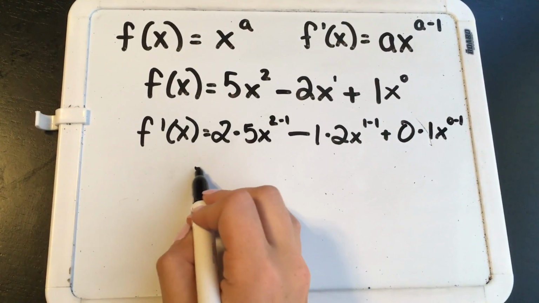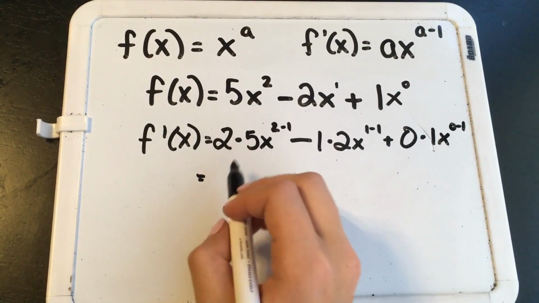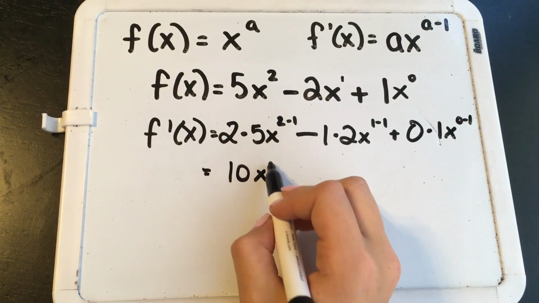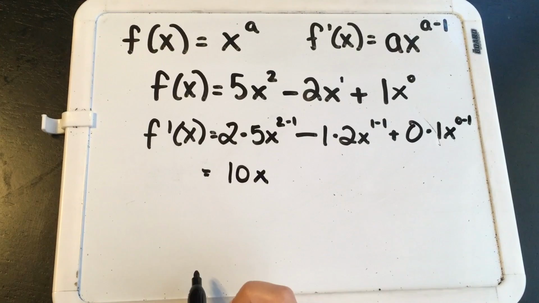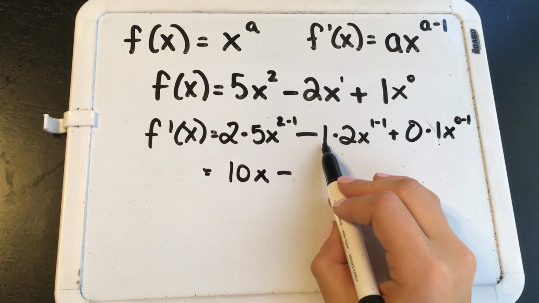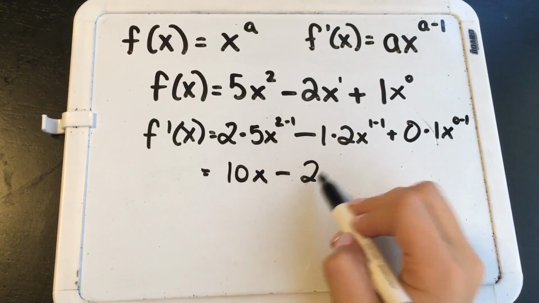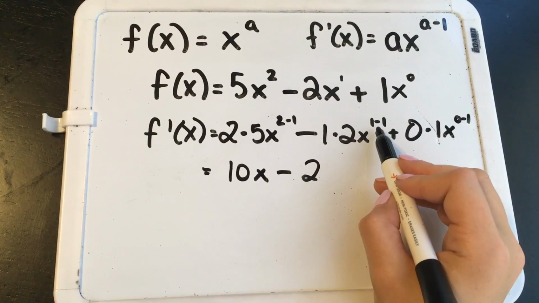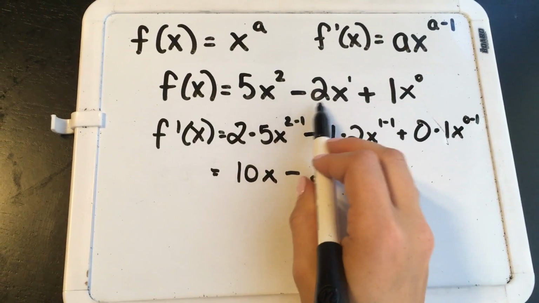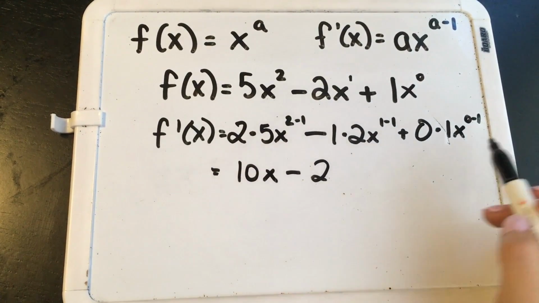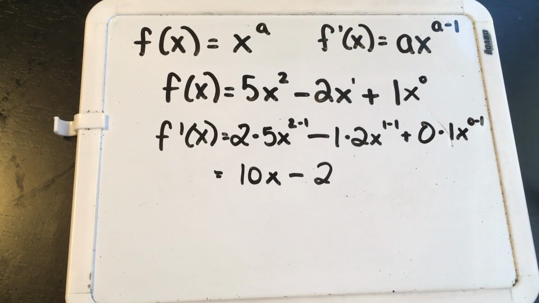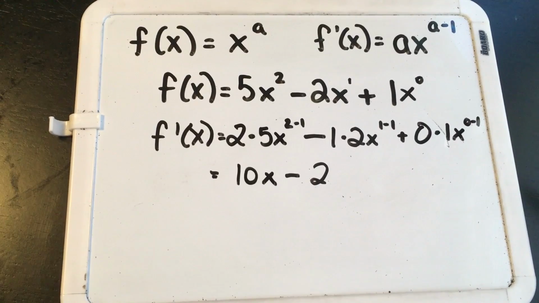Let's reduce this a bit. 2 times 5 is just 10. X raised to the 2 minus 1 power is just x raised to the first, and I'm just going to leave it as x minus. Remember what we did here. 1 times 2 is just 2, and this is x to the 0 power, which just becomes 1. So we're only left with 2, the coefficient of the original. And then in this term, whatever this is being multiplied by 0. What's 0 times anything?